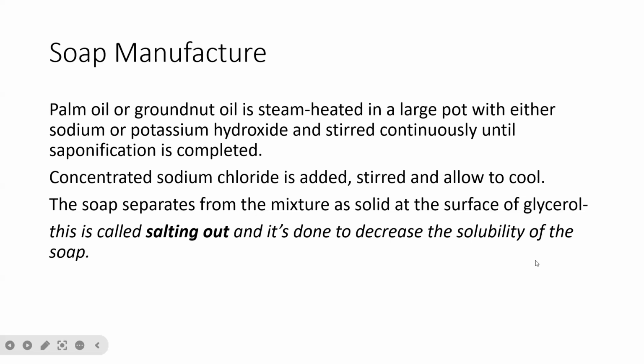I told you what this concentrated sodium chloride does. It separates the soap from the glycerol. You have the top batch, which is the soap, then under it, you have the glycerol. This is called salting out, and it is done to decrease the solubility of the soap.